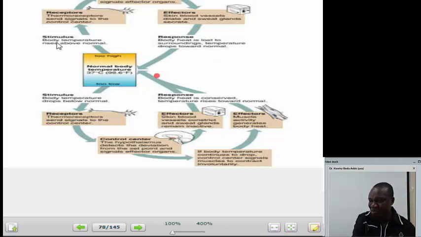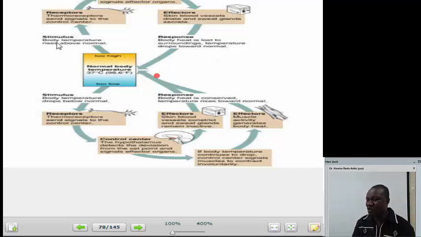Now, this is the body temperature. The normal body temperature is 37 degrees C, let's say plus or minus 0.5. Right. But it's normally 37 degrees C. Now, if the body temperature should go up, if we go into a hot place and the body temperature goes up, this body temperature is detected by thermoreceptors.